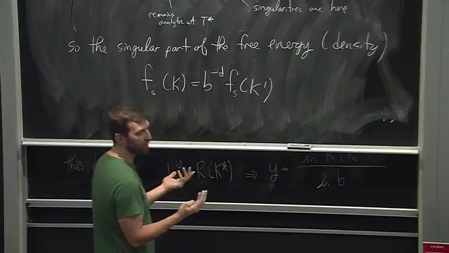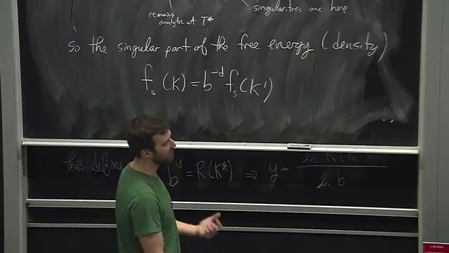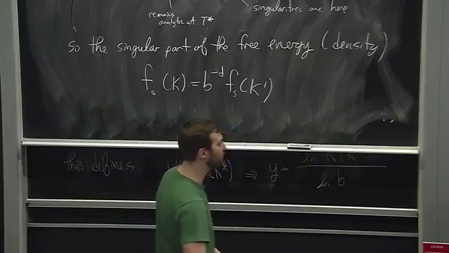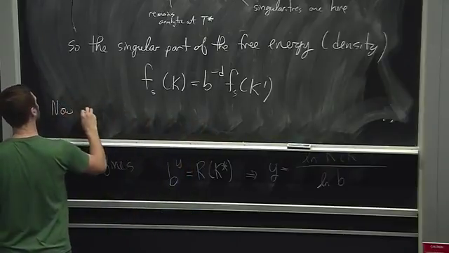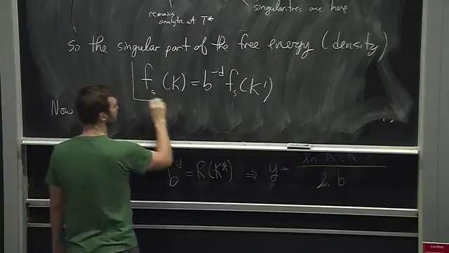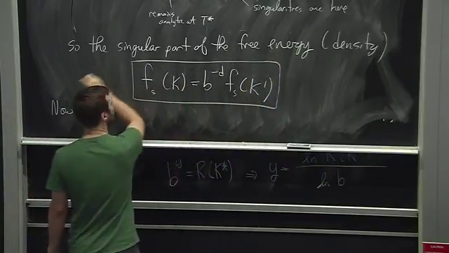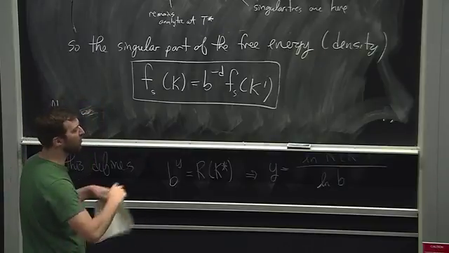I'm going to call it a field, but it could be next-nearest-neighbor couplings. It could be whatever. On your assignment, you're going to deal with a field. So we're going to use this form of the singular part of the free energy. Okay, so this is the most important thing. And we're going to derive scaling functions for more than one variable.